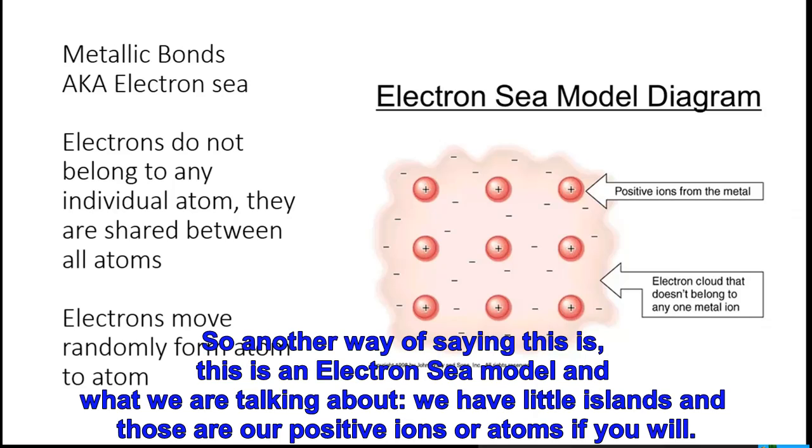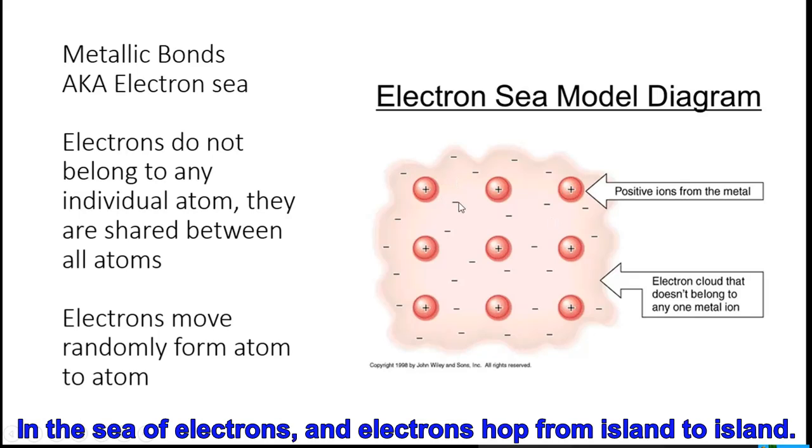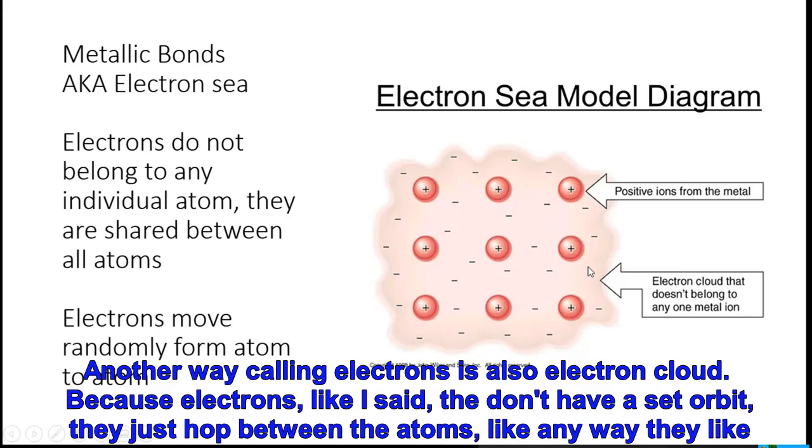So another way of saying this is an electron sea model. What we're talking about is we have little islands, and those are our positive ions or atoms, if you will, in the sea of electrons, and the electrons hop from island to island. Another way of calling electrons is also electron cloud, right?